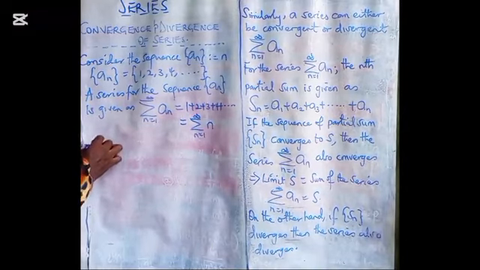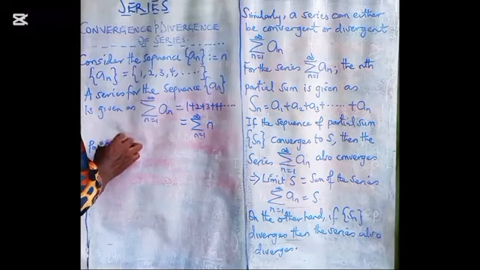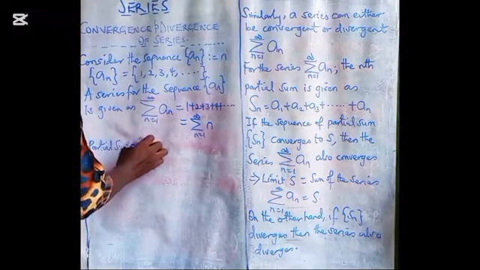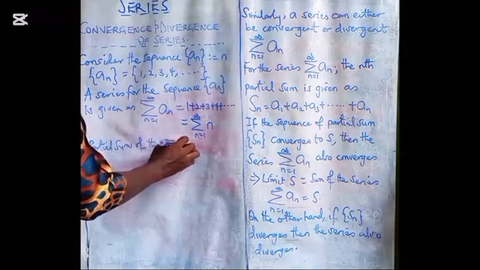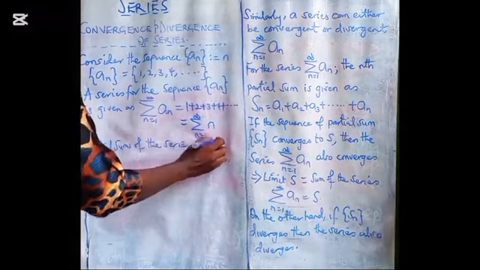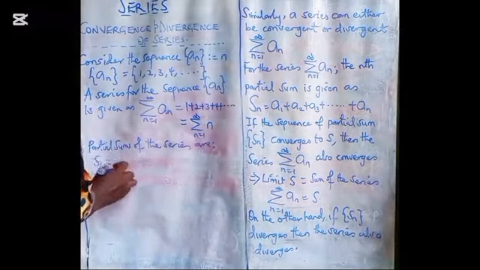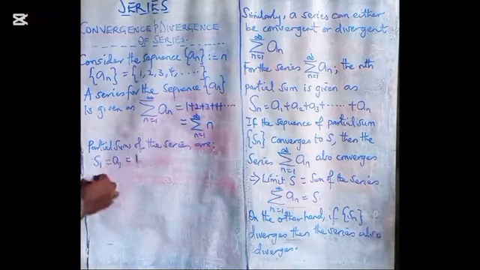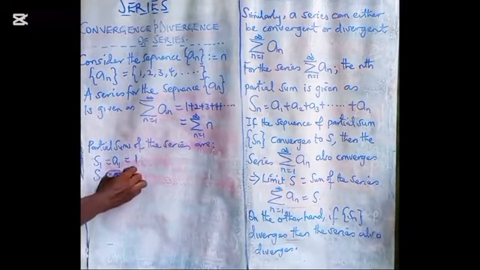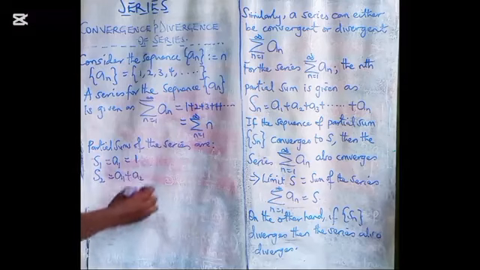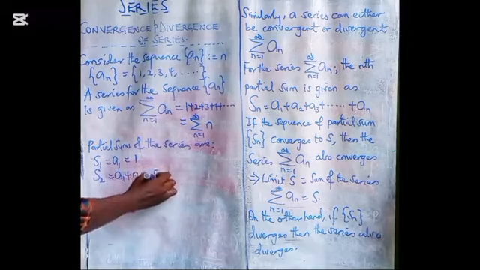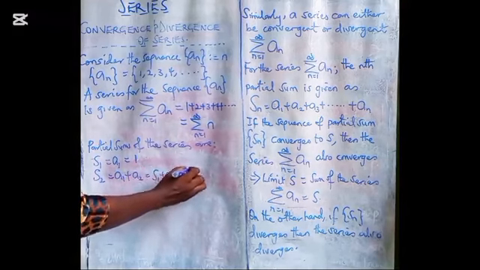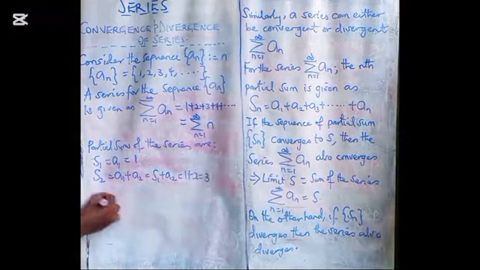However, the partial sums of the series are, we have S1, which is the same as our first term, and that is 1. Our S2 is the same as the first term plus the second term, or the first partial sum plus the second term, and that is 1 plus 2, that is 3.